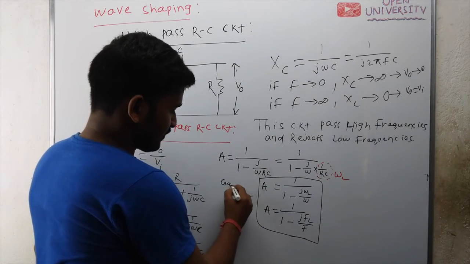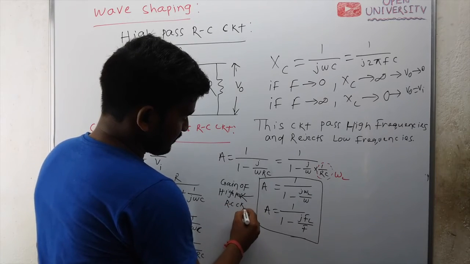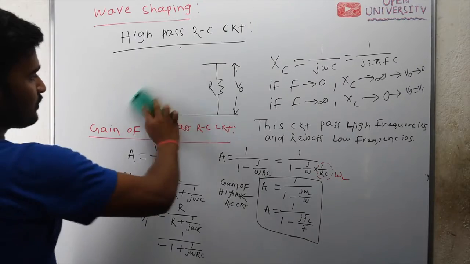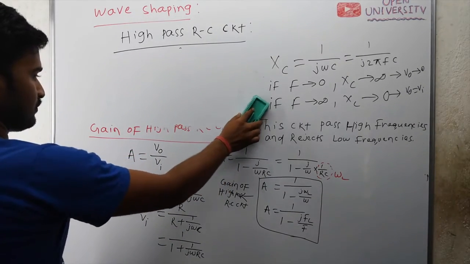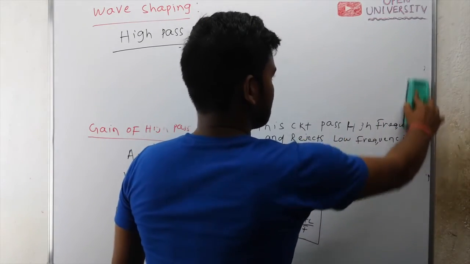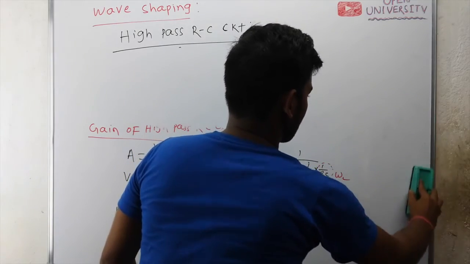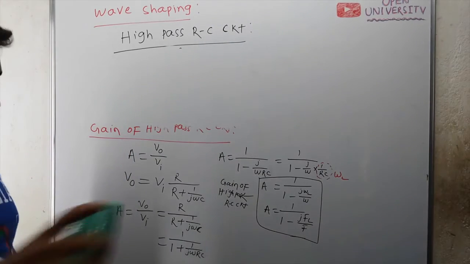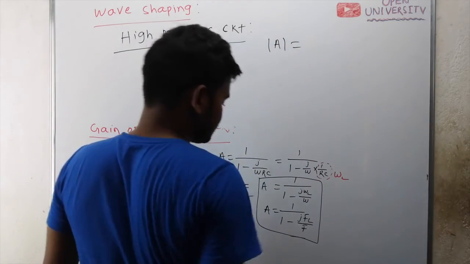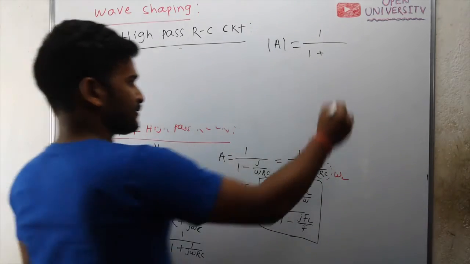Gain of high pass RC circuit. If you want to find out the magnitude of gain, mod A is the magnitude of gain, which will be 1 by square root of 1 plus (fL by f) whole square.